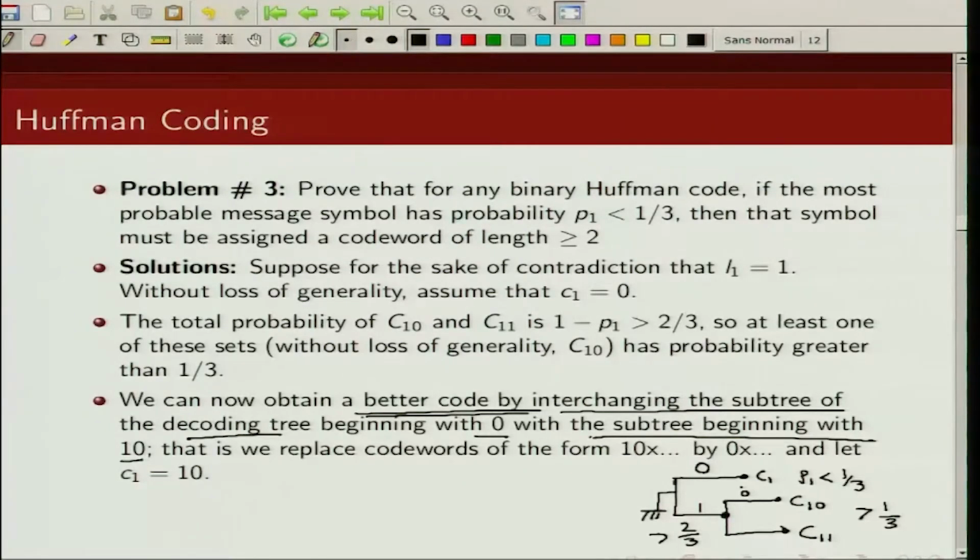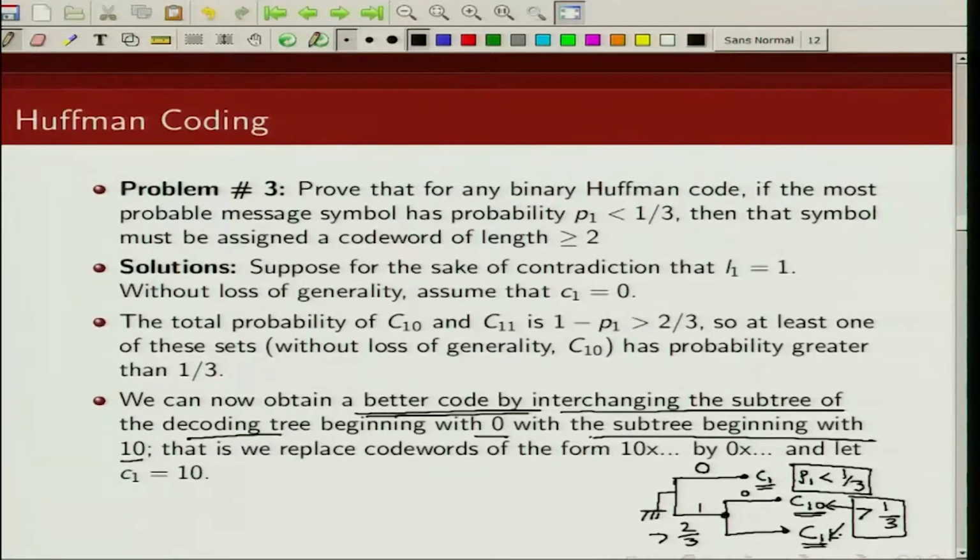So if we do this interchanging, we are reducing the expected code word length. If we assign them code word length of 1 instead of 2, and we assign this one code word length of 2 instead of 1, then expected code word length is going to decrease, because C1 has less probability than one of these.